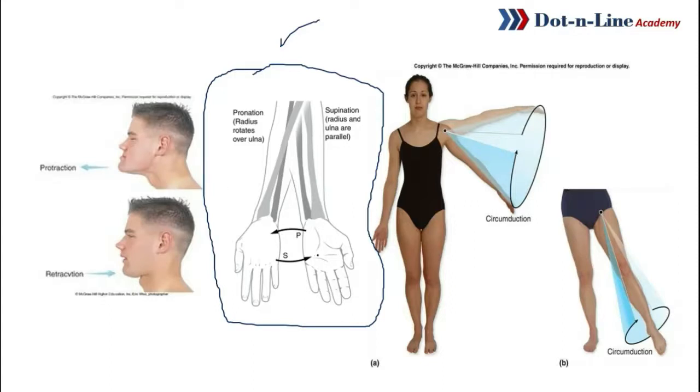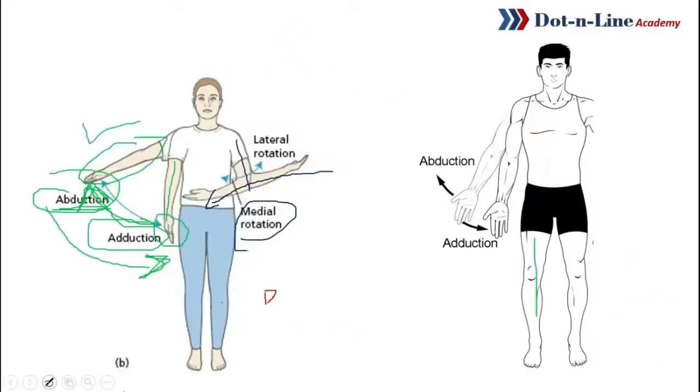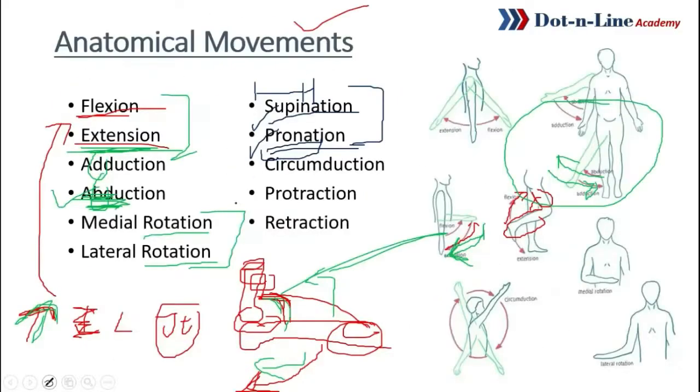So like this is the supine position. So when you rotate your hand and make the supine position of your palm a prone position, you do the pronation.